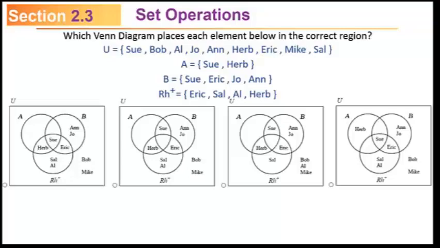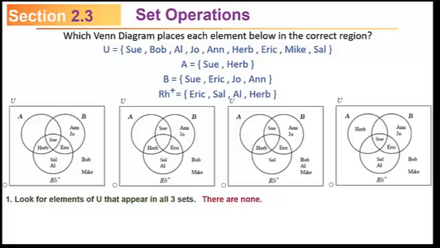Now there's more than one way to approach this, but my suggestion is to start with the extremes. I would first look for the elements that appear in all 3. And as you know, that's the dead center middle, and there aren't any. If you look, Sue is in A and B, but not Rh plus. Bob is not in any of them.